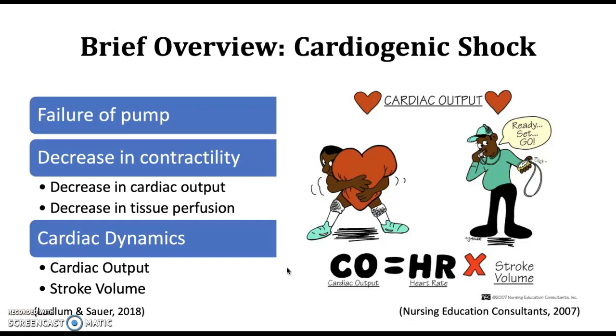This leads to a reflex compensatory mechanism in our body where vasoconstriction occurs in the peripheral vascular system. Because of the vasoconstriction, if you imagine a hose that's shrunk in diameter, there's greater pressure through that hose. So this ultimately increases afterload.